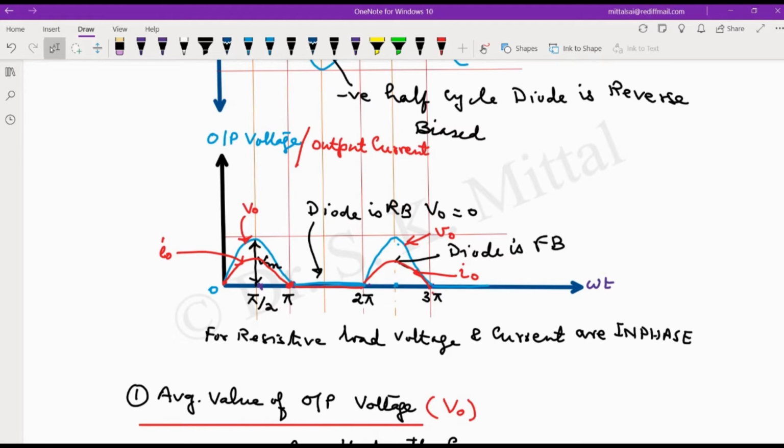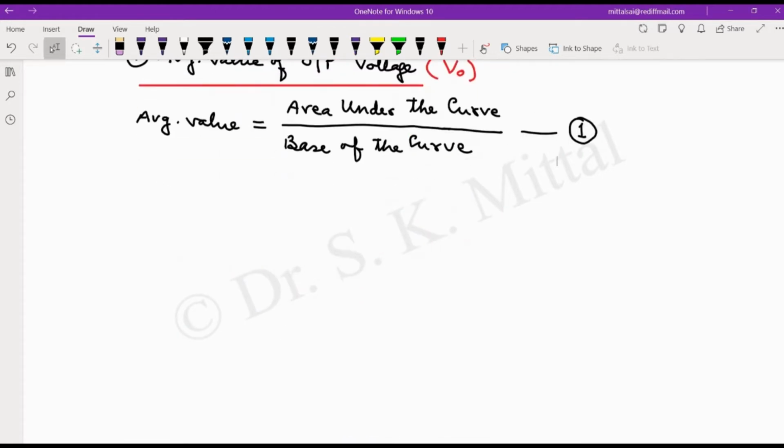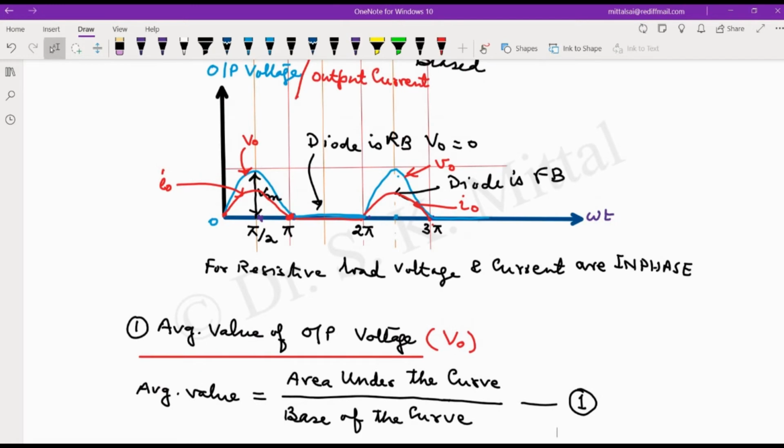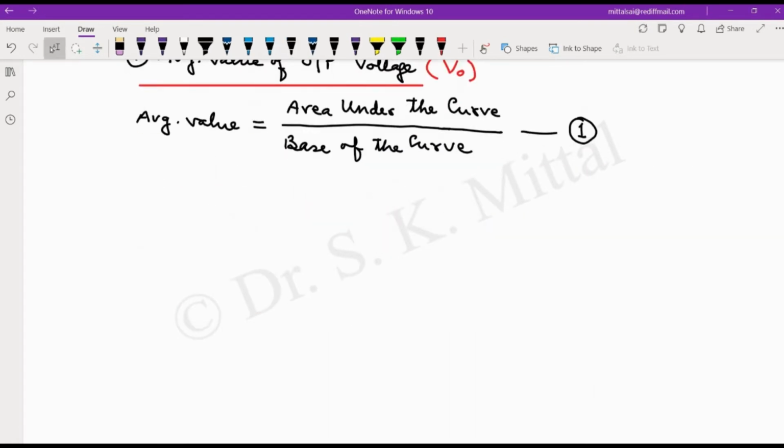if we want to calculate the average value of output voltage, we are getting output voltage V0 from omega t equal to 0 to omega t equal to pi.